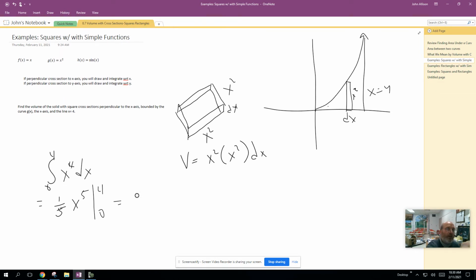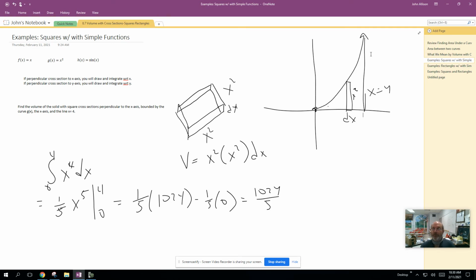So it's 1/5 times 1,024 minus 1/5 times 0, which equals 1,024 over 5. And that's the volume of that solid, with cross sections perpendicular to the x-axis, square cross sections from the origin at 0 to the line x equals 4.